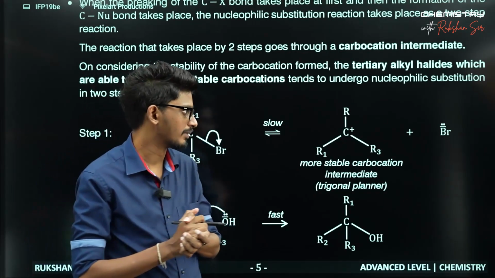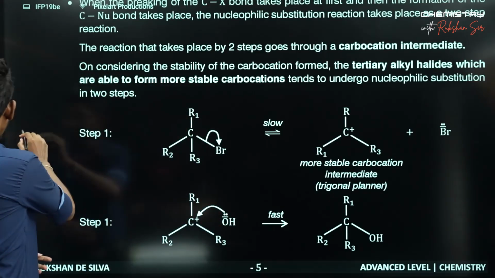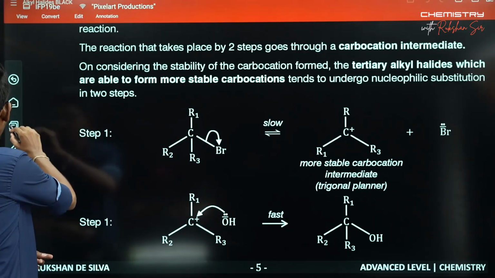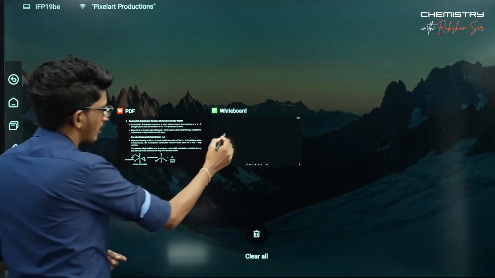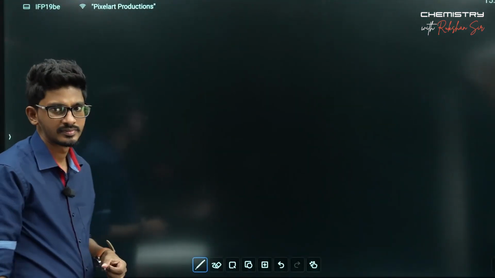So let's come up with some examples, deciding the mechanism of the secondary alkyl halides.